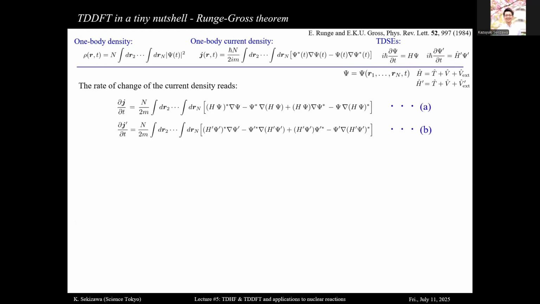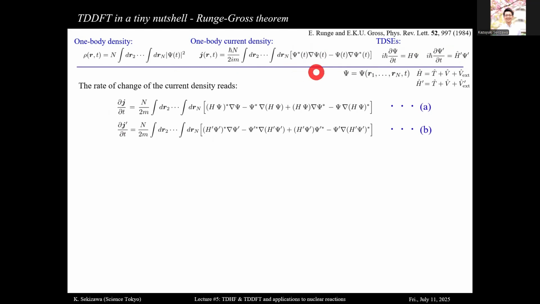So in the Runge-Gross theorem, we start with taking the time derivative of the current density, one body current density, for the two systems described by H and H prime. Okay. So the left-hand side is just a time derivative of the current, the J and J prime. And you can put the definition of one body current density here and take the time derivative.